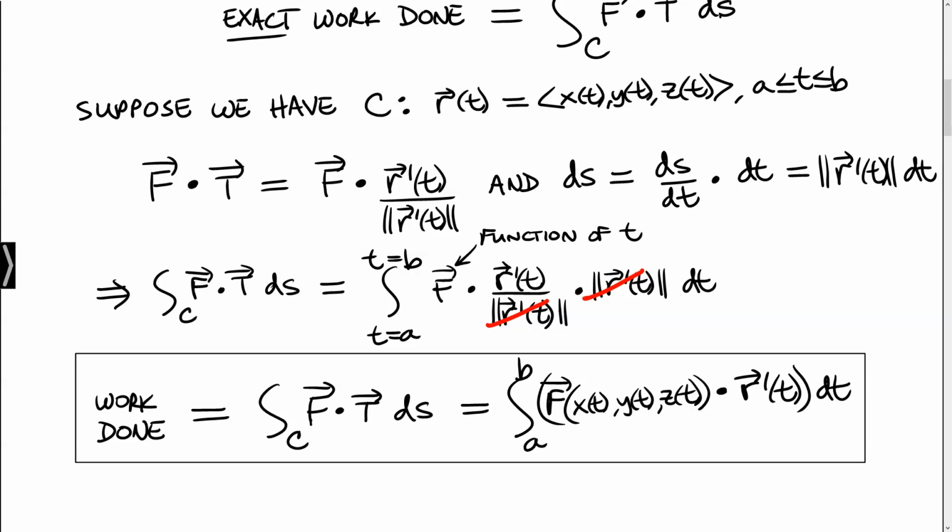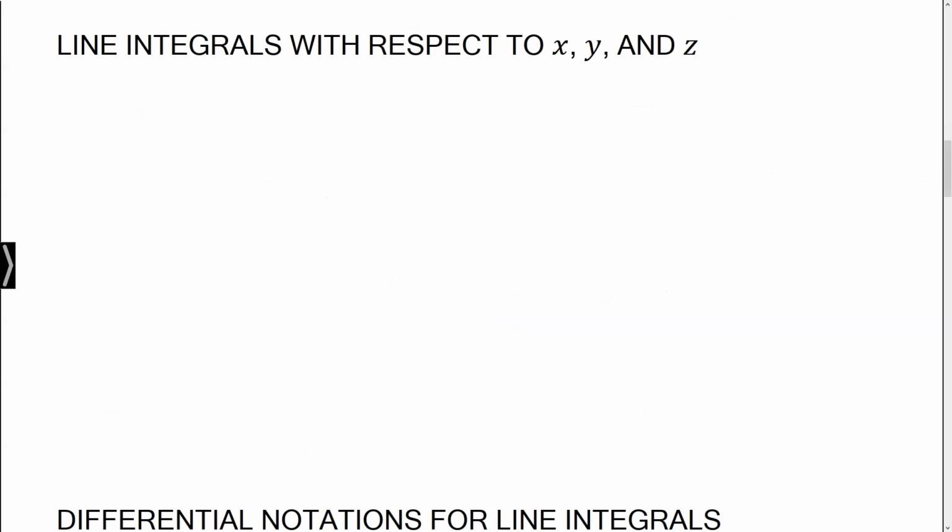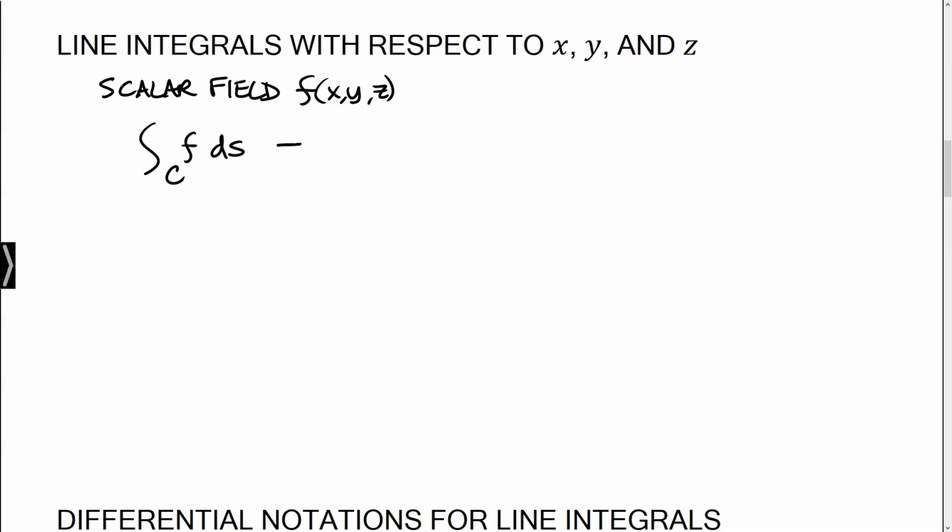All right, let's talk about integrating with respect to x, y, or z. So we're returning to scalar functions for just a minute. So let's say we have a scalar field f, and let's say it's a function of three variables here. So we defined the integral of f ds along C. We really said this was the limit as n goes to infinity, and I'll also put just below here as the delta si, the max of these, goes to 0.